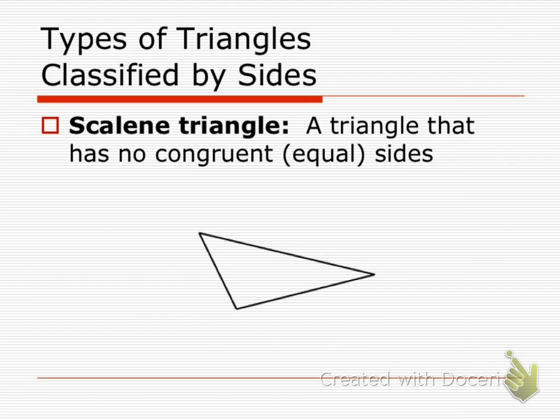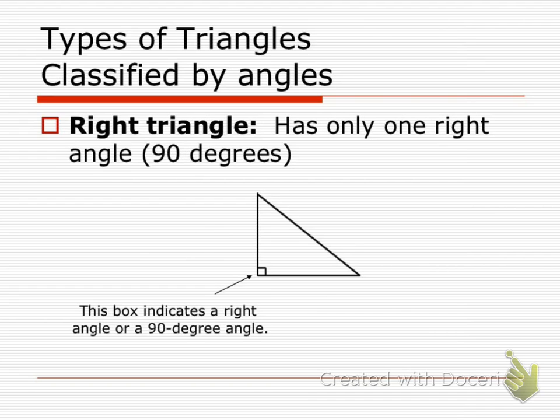A scalene triangle has no congruent sides. Sometimes you'll see it either with measures, like 3 different dimensions along the sides, or with tick marks like this, showing you 3 different tick marks for 3 different sides. In a right triangle, if we're going to start classifying them by their angles, a right triangle has only one right angle, 90 degrees.